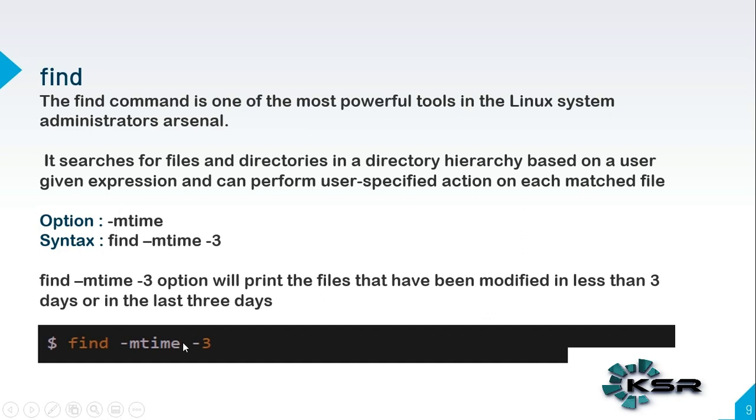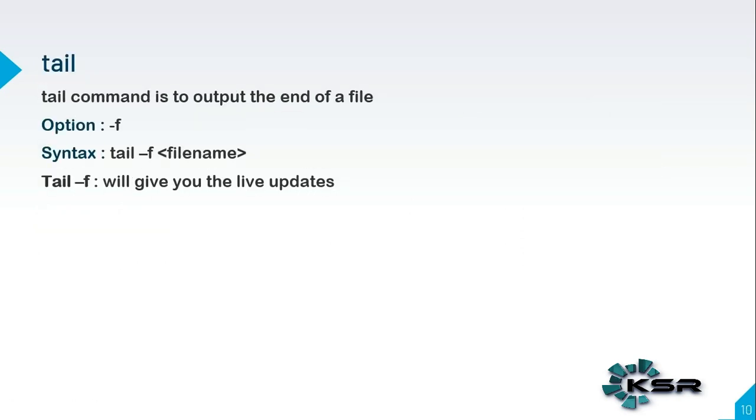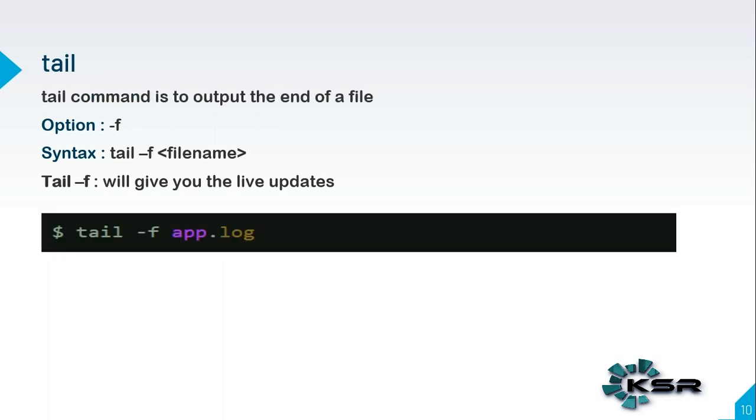Okay, so the next is tail. The tail command gives you the output from the end of the file. If we use the tail -f option for a particular file, let it be a log file, say app.log, and you give tail -f app.log, it will give the latest last 10 lines along with the live updates, right?